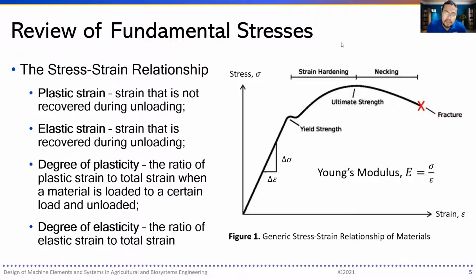So the material, due to its properties, could no longer revert back to its original position. This is the portion, up to this point.